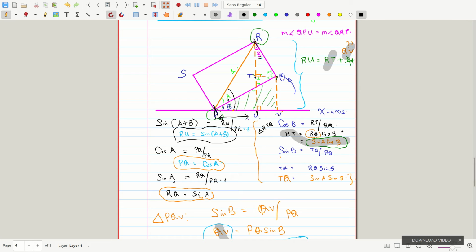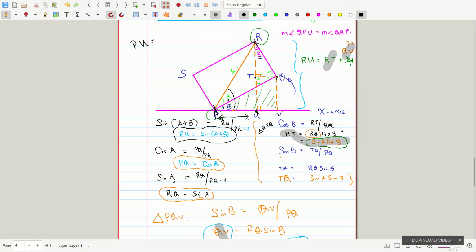Let me write it here, so we can see both the result and the diagram. Of course someone else would say that PU is just here, and yes, that is right, but we want to derive what we are trying to derive.